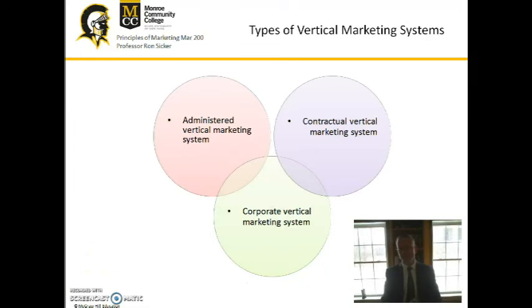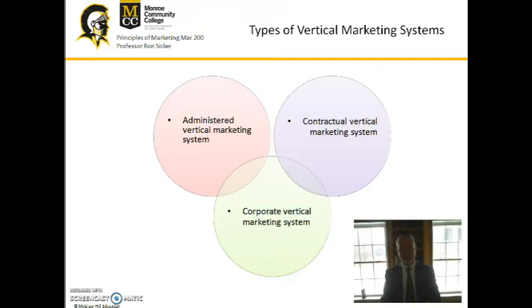So the types of vertical marketing systems or vertical distribution center systems. Administered vertical marketing systems, oftentimes that means you've got administration duties that are going from one to another. Liken it to buying a house. If you're buying a house, you're going to use a real estate broker, you're going to use a bank, you're going to use a lawyer to buy the house.